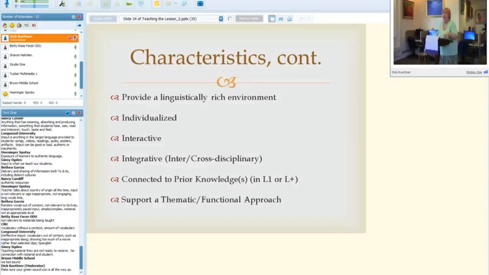But if I'm using a picture that contains that thing, as well as other things that can be related to it, and words which they can access, maybe they would be cognate words, that immediately expands their knowledge. And you can refer back to those things later in their prior knowledge as you're accessing another level. We're constantly needing to deal with a spiral, that we start and we expand it, we come back to it, we expand it, we come back to expand.